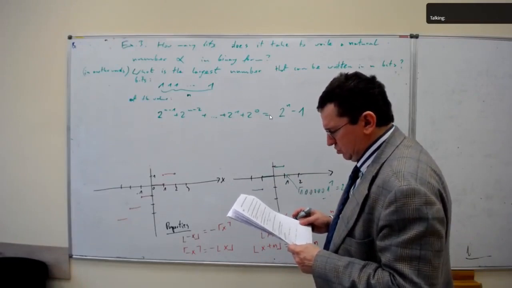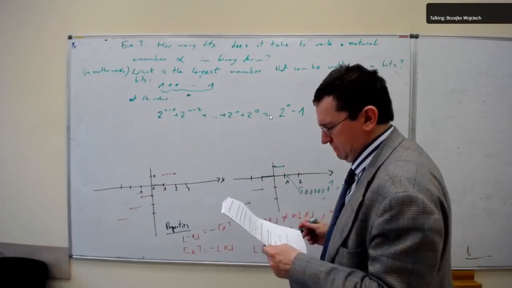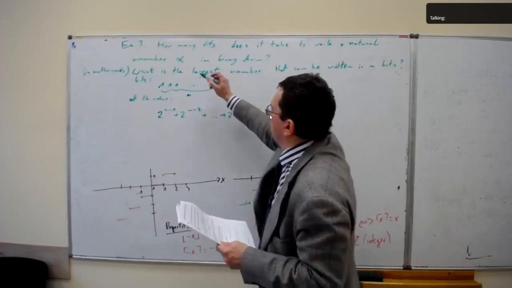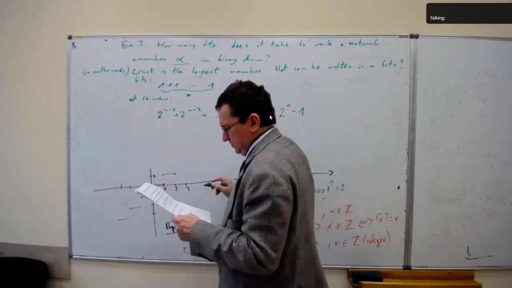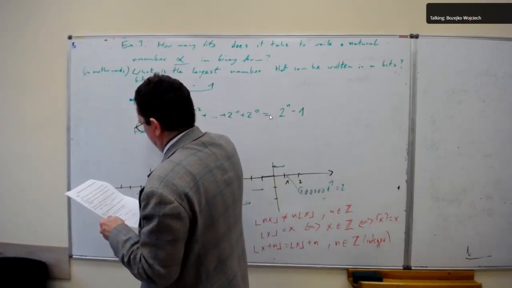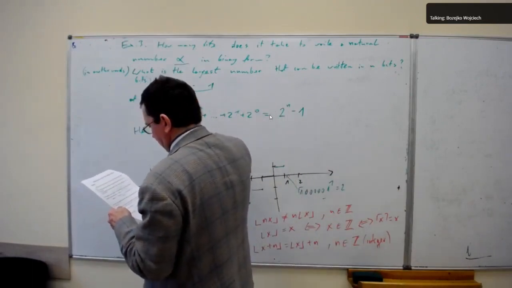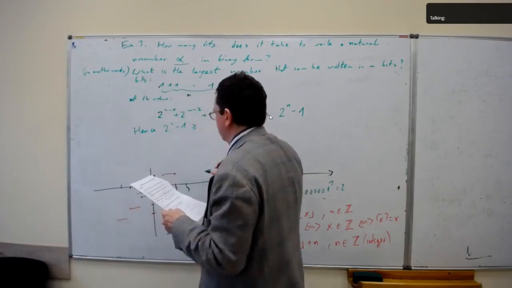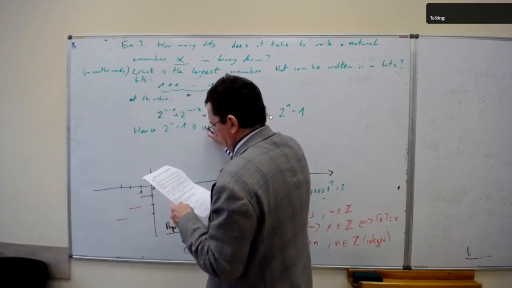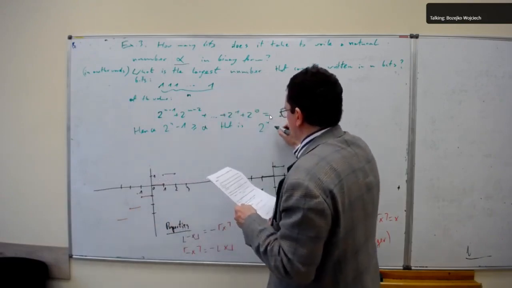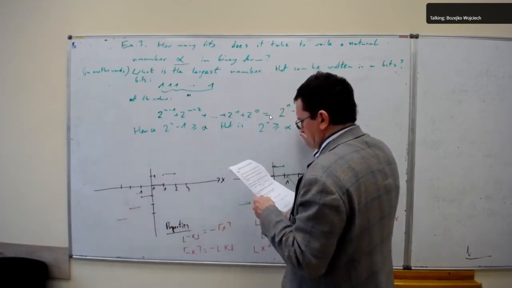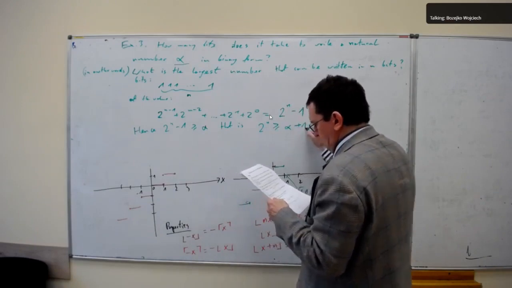But let us try to write the number of bits if we have a number alpha. So 2 to the power of n minus 1 should be greater or equal than alpha. That is, 2 to the power of n should be greater or equal than alpha plus 1.